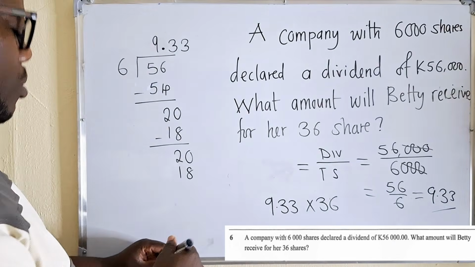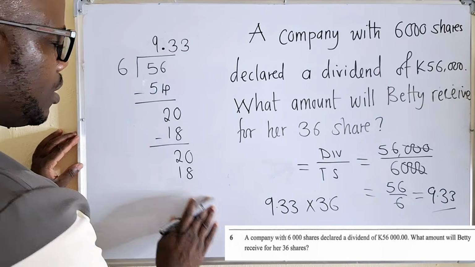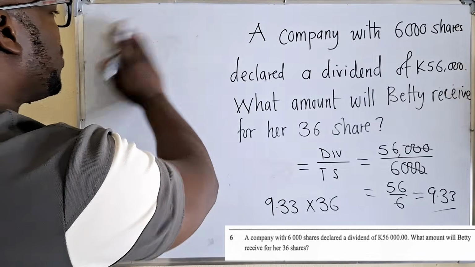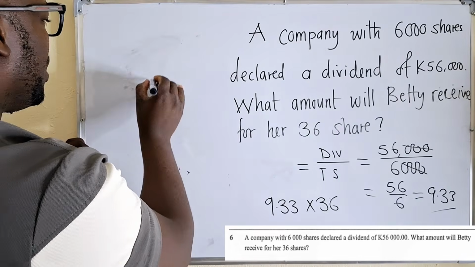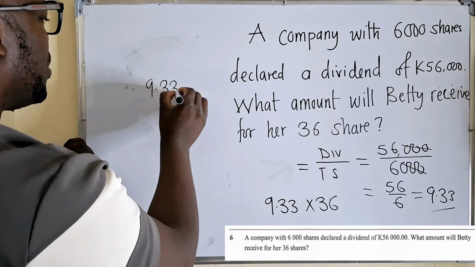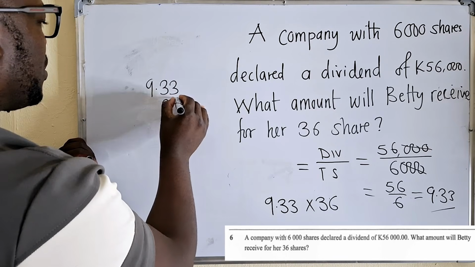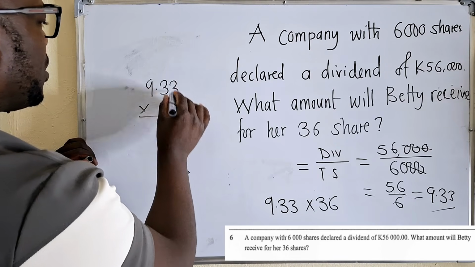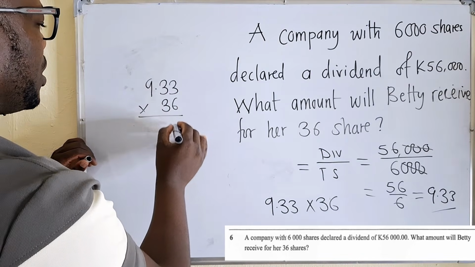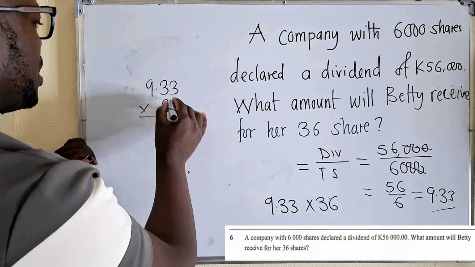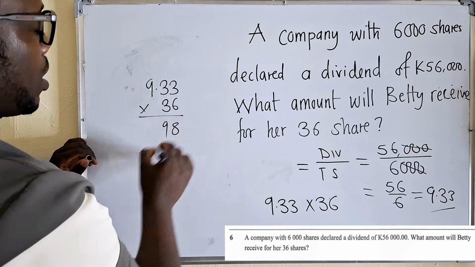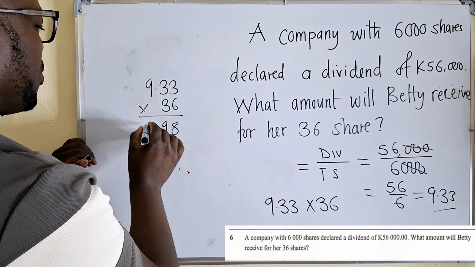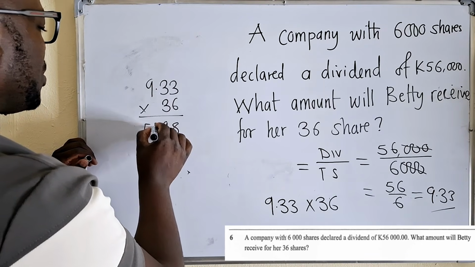Okay, so multiplying this by 36, again, we're going to say 9.33 and 36 there. Times here, 6 times 3, we're getting 18. Here 18 plus 1, 19. Here it's 54 plus 1, it's 55.